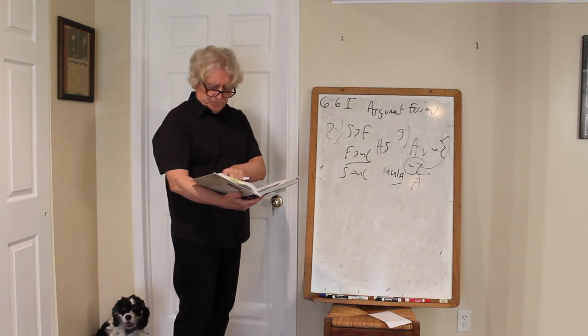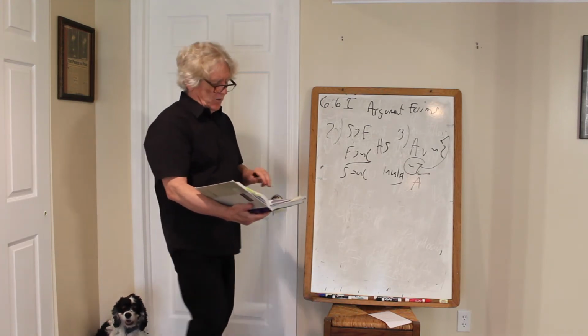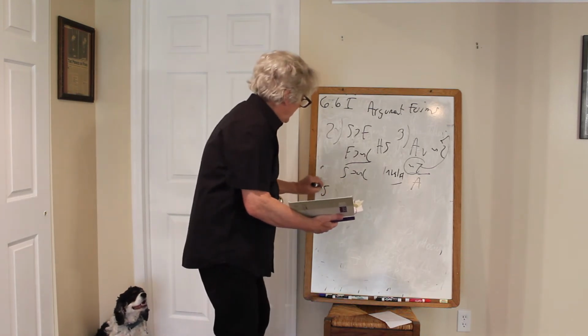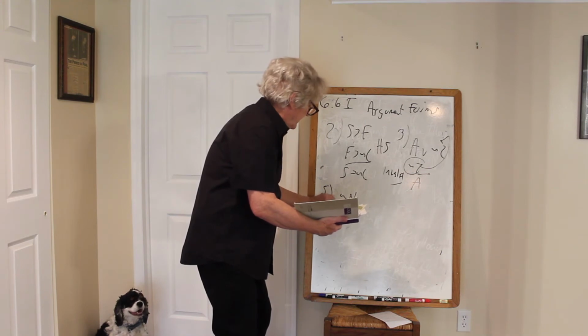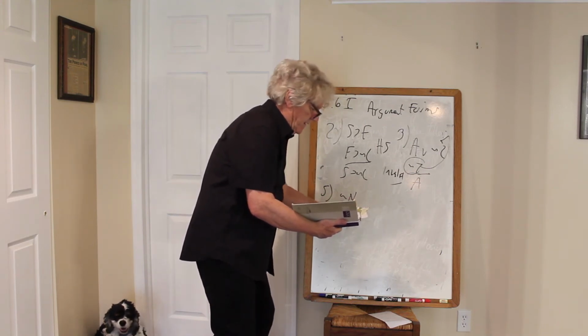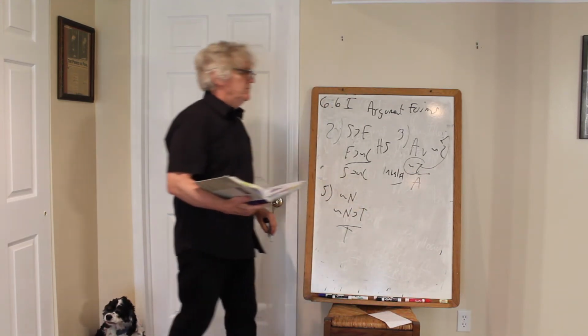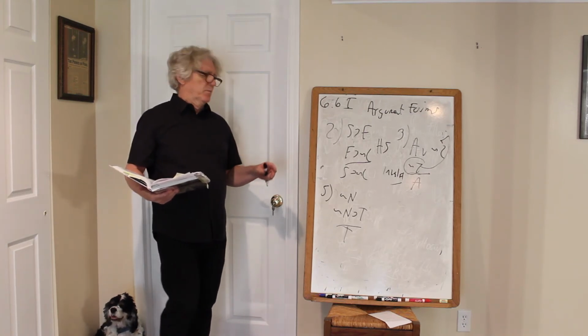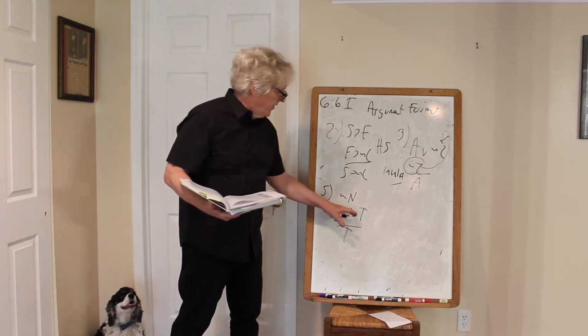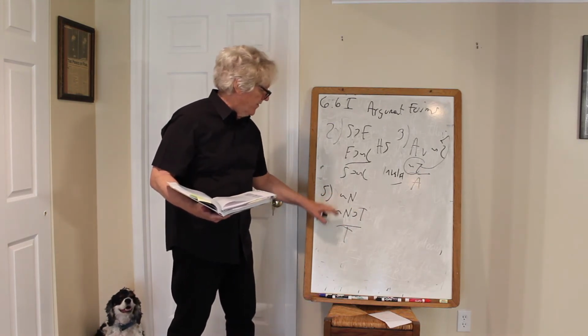Number 5, skip to that. We're told: not N, or N is false; N implies T; therefore T. It doesn't matter what order you do the premises in to check the proof. If N is false, then T is true, and N is false, so T is true.